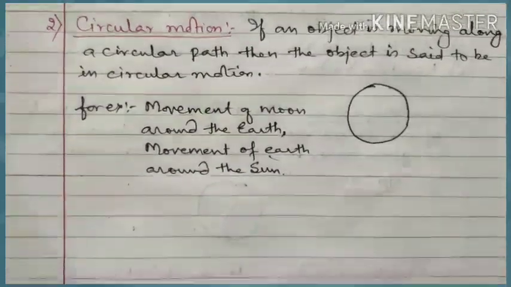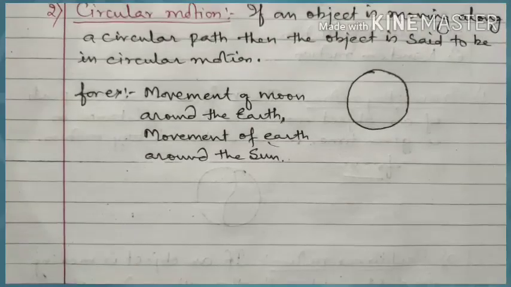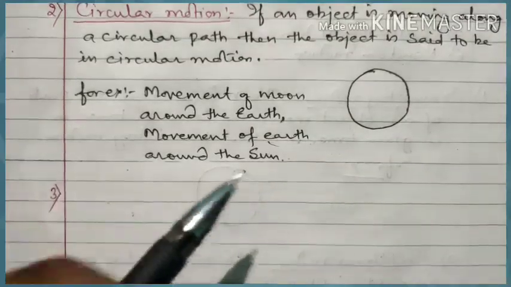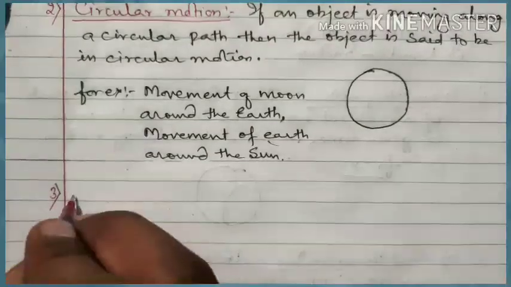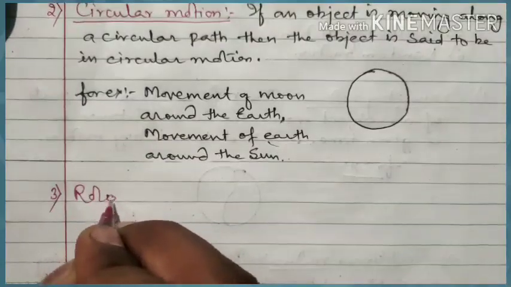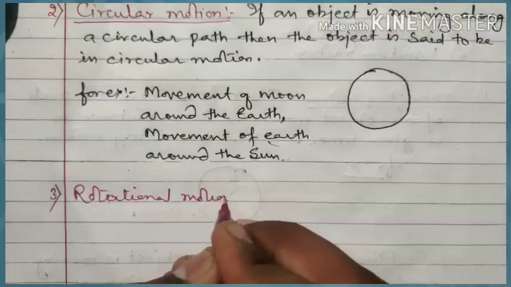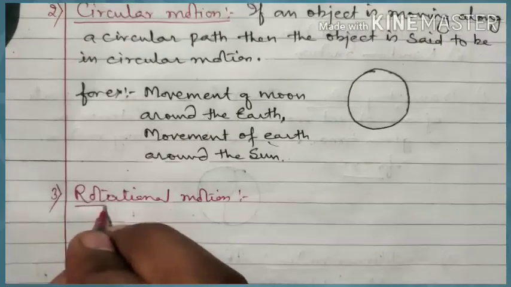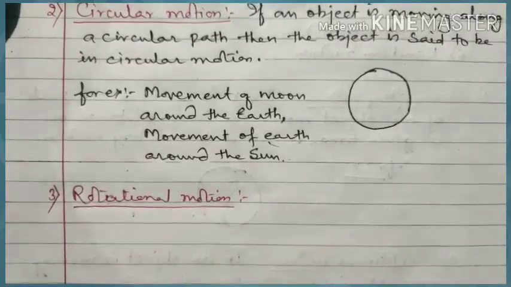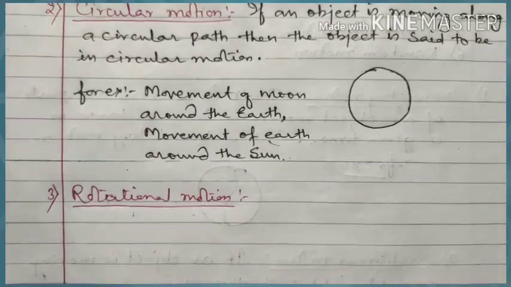Let us see the third type of motion, and that is rotational motion. The third type is rotational motion. First, let us define rotational motion.